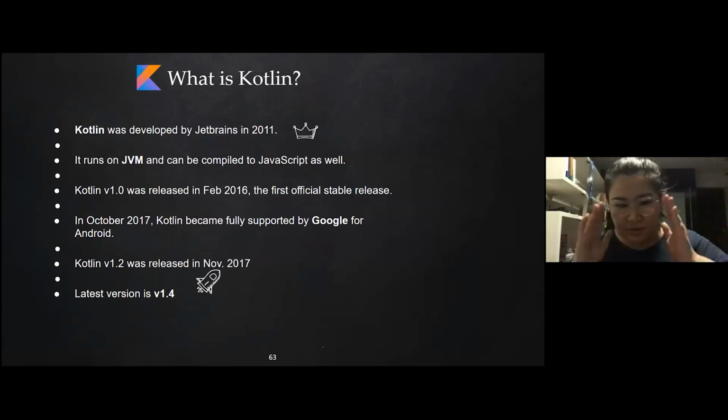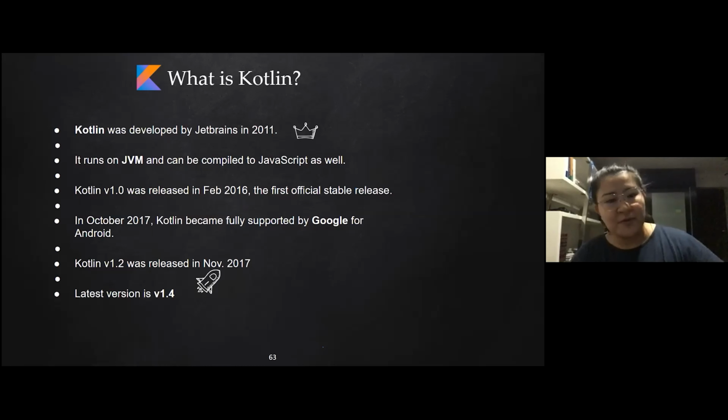Kotlin was developed by the JetBrains company in 2011, and it runs on a Java virtual machine. The first version was released in 2016. From 2017, it's a fully supported Google Android language. Right now, the latest version is 1.4.